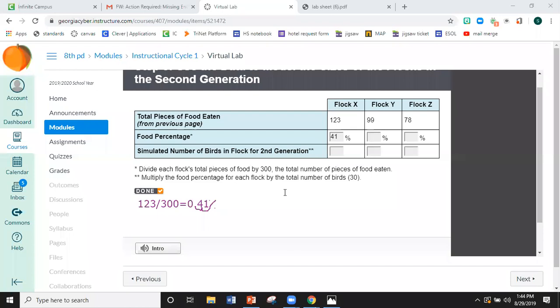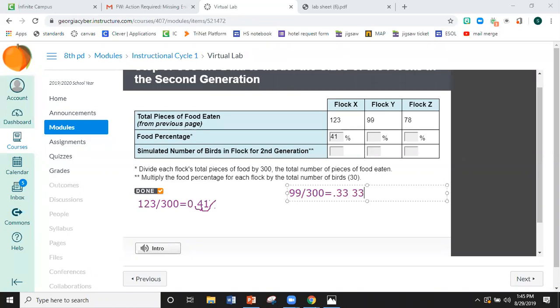We're going to do the same thing for flock Y. They ate 99 pieces out of the 300 that were available, which means that they ate 0.33.